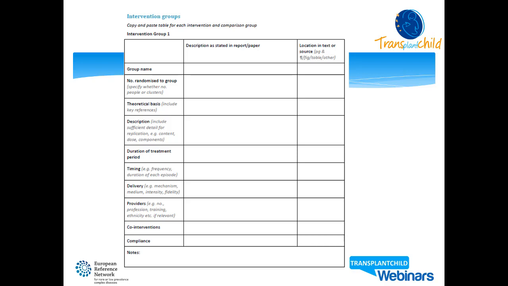Okay, duration of the treatment. So probably if we are talking about big registries with a long follow-up, we can state the duration of the treatment. If we are talking about small studies with short follow-up periods, probably we don't have enough information. But anyway, just report whichever you find, right? Timing, delivery, how it is delivered, providers, if there is need to do that.